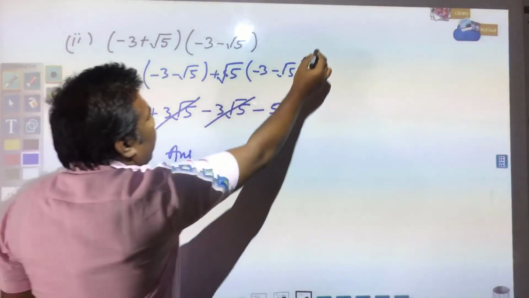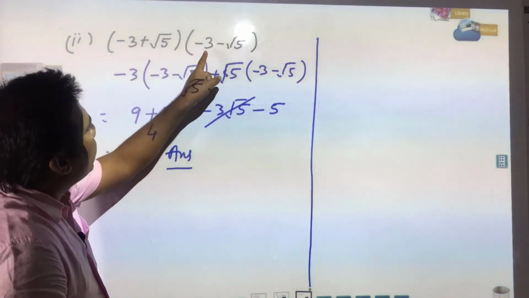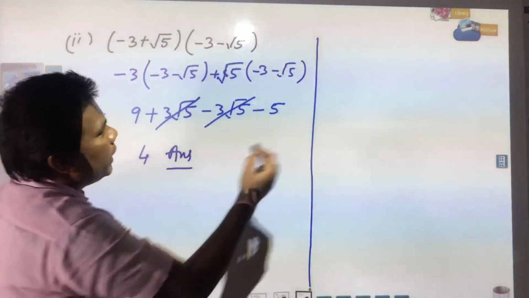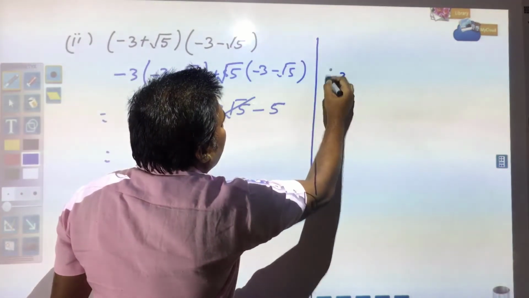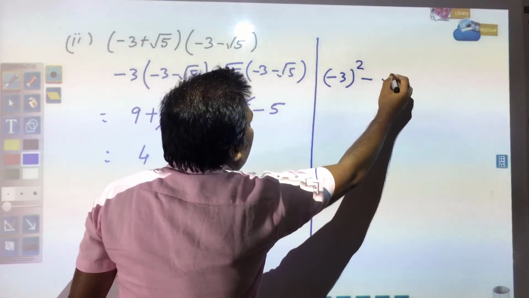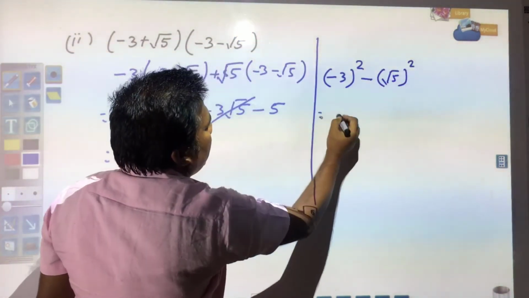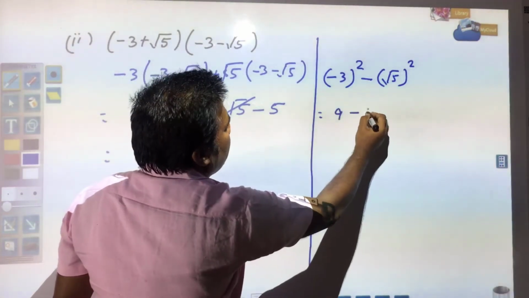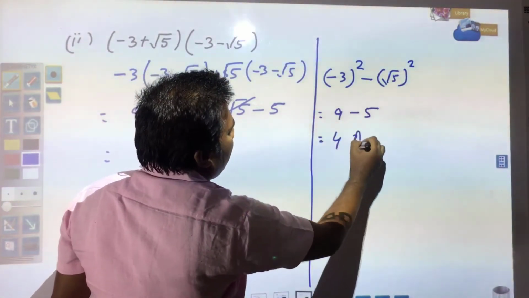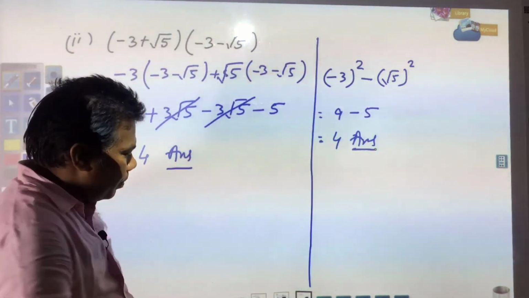But if you are putting in formula, how will you write? a plus b into a minus b means a square minus b square, and b square means root 5 square. So, this is 9 minus 5 and this is 4. So, it will be easier if you are putting in the formula.